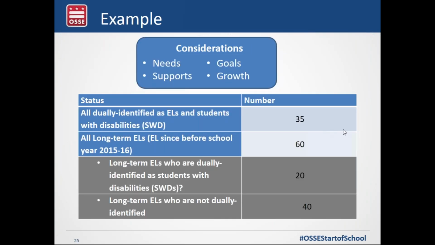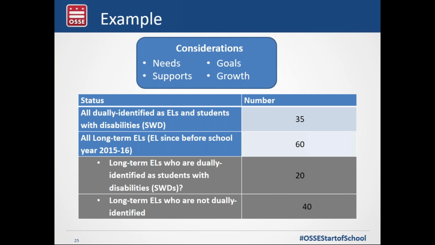Okay. So of course, as you export the data, you can organize it in various ways. And this is just an example of a summary chart that you might consider making to understand who are the students who are identified as both English learner and students with disabilities.